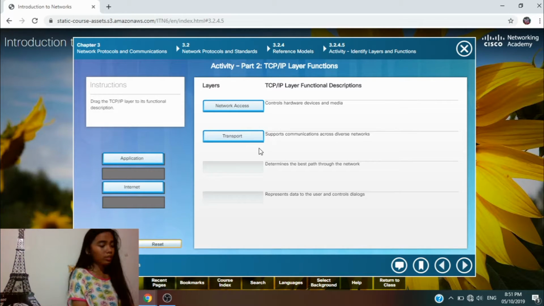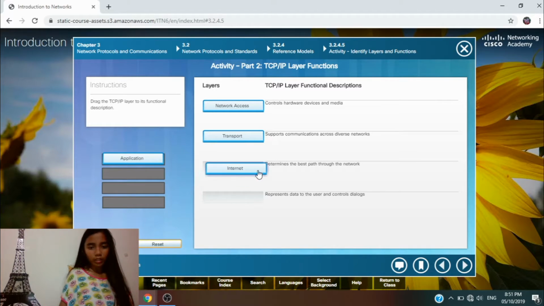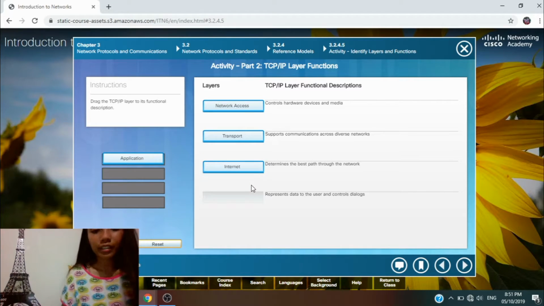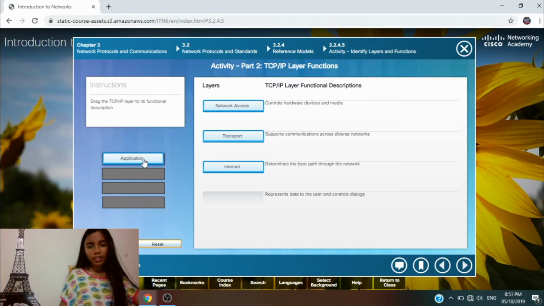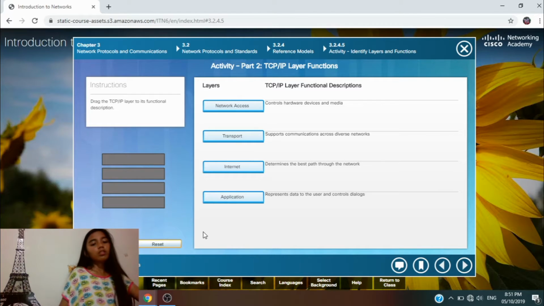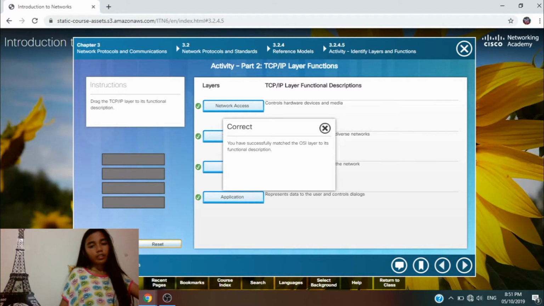So next is the network that we use, which is the internet, and last it represents the data to the user and controls dialogue. So let's check. Okay, the answer matches the OSI layer to its function.